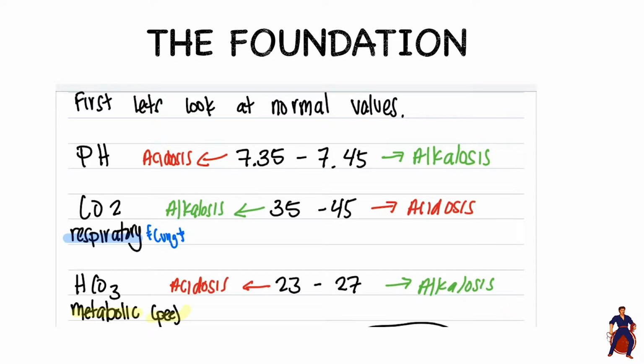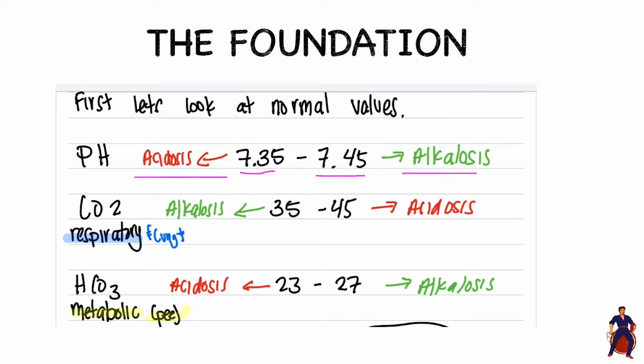Our first value is pH, which is basically the balance that our body's trying to maintain in order to regulate homeostasis, where our body is optimally designed to function. Our range for that is 7.35 to 7.45. Outside of that, if we're higher than 7.45, we're alkalotic, and if we're below 7.35, we're acidotic.